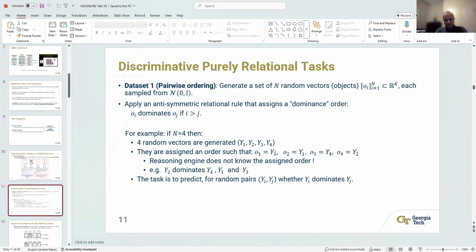For example, if we have y3 and y1, y1 will dominate y3, but here y3 is on the left and y1 is on the right, so we will classify this as non-dominant, meaning that y3 is not dominating y1.